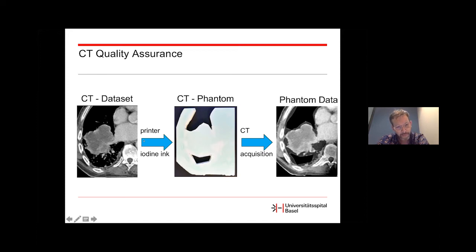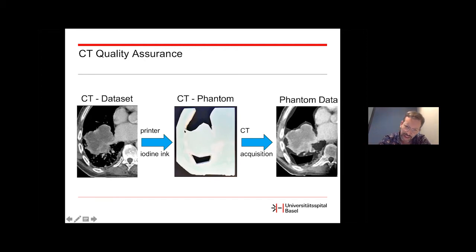What can be done is, this is an original CT dataset, and you can take that and print iodine on paper. Iodine has its own density, and depending on the concentration you can mimic the densities of an original CT dataset, and then you can print a stack of papers.